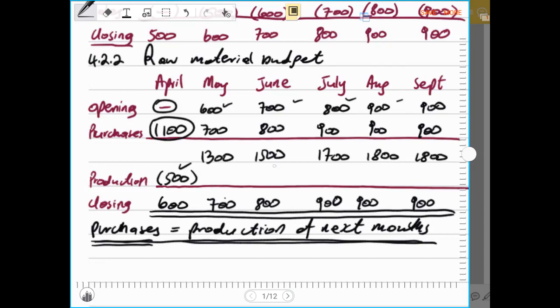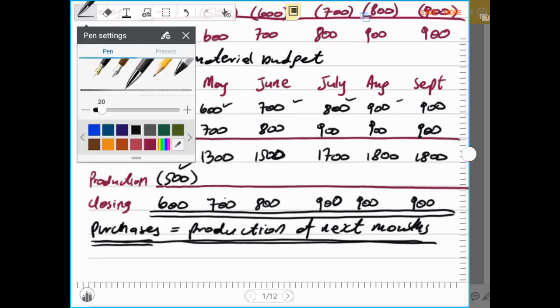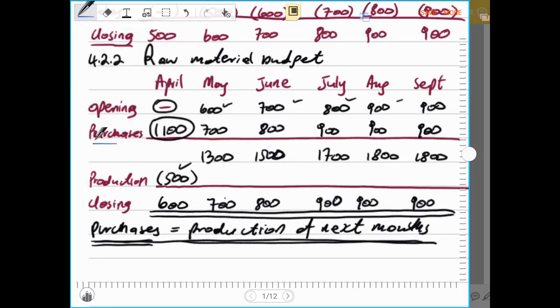So now these are the number of units that were available, units or material inventory available for production.